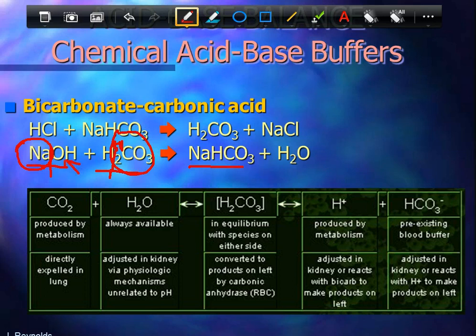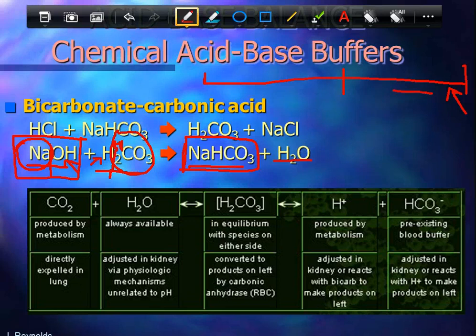This OH, the remaining H, water. So what we've done is we've taken a strong base, turned it into a weak base. Again, on the pH scale, here's NaOH, strong base. We have shifted it down into this pH area by turning it into a weak base. Not as bad for the cells.